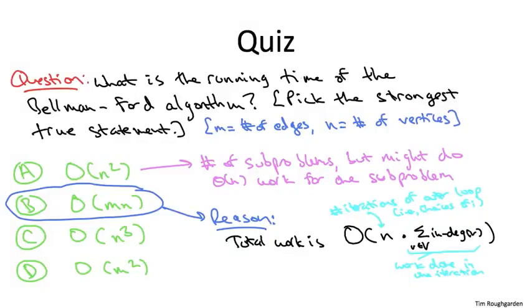Well, each time you plug in a new edge, obviously the number of edges in the graph goes up by 1, and also the in-degree of exactly one vertex goes up by 1, whichever vertex happens to be the head of the edge that you just stuck in. So therefore, the sum of the in-degrees and the number of edges is always the same, no matter what the directed graph is. So that's why the total work is better than n cubed. It's actually big O of m times n.